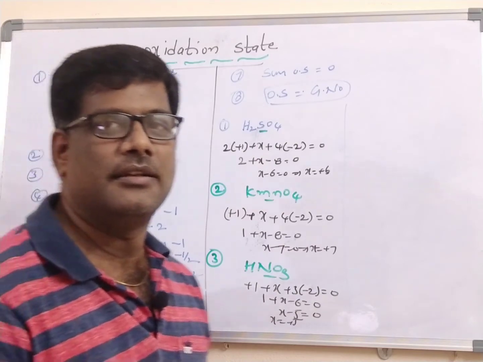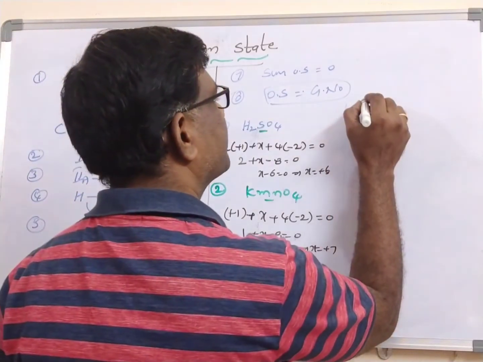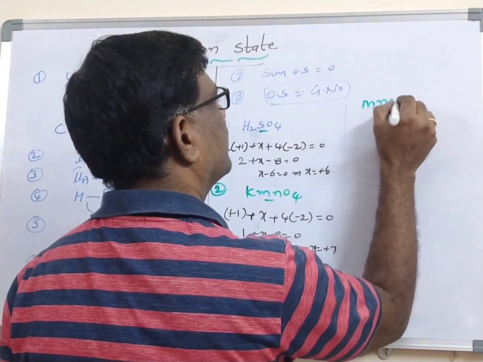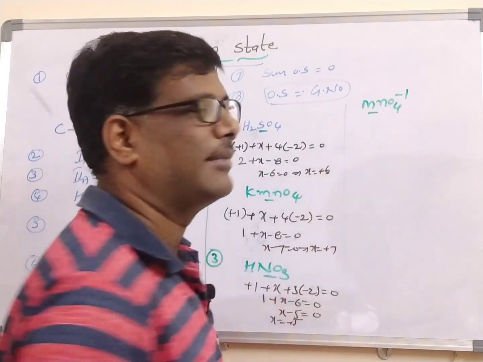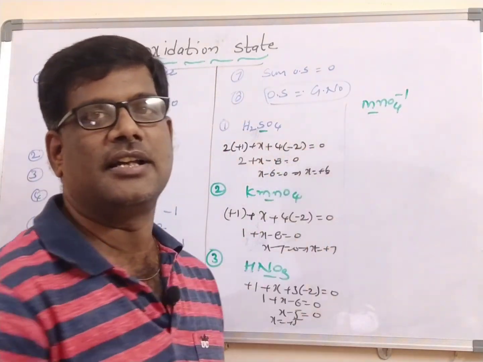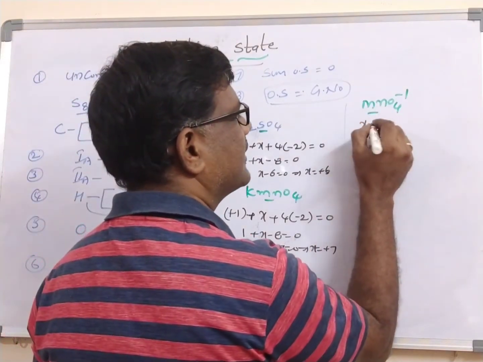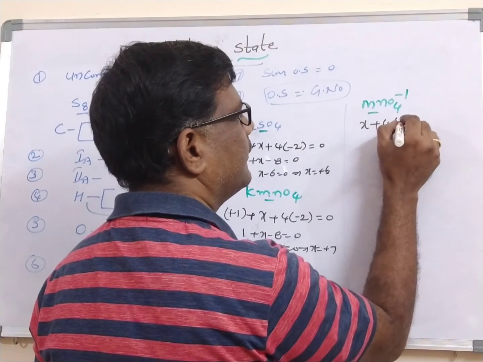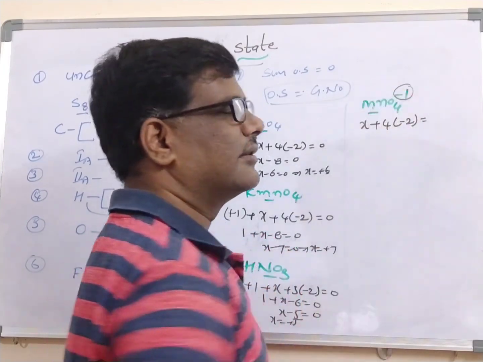Now he may give you some sort of variation. He gives you MnO4 minus 1. Calculate the oxidation state of manganese. What is the difference between these two? One is a neutral molecule, the other is ionic in nature. You calculate the same way: manganese X plus 4 oxygens, 4 into -2, and the sum of the oxidation states is not equal to 0.